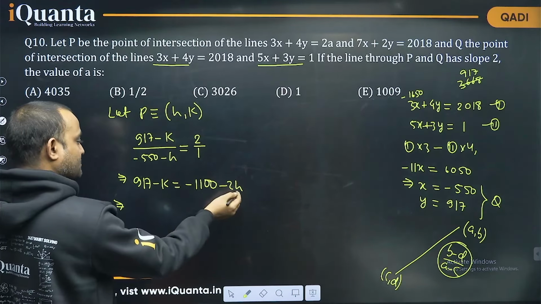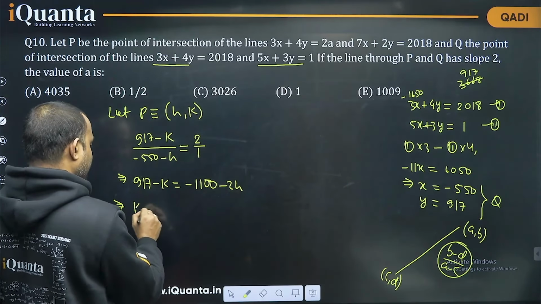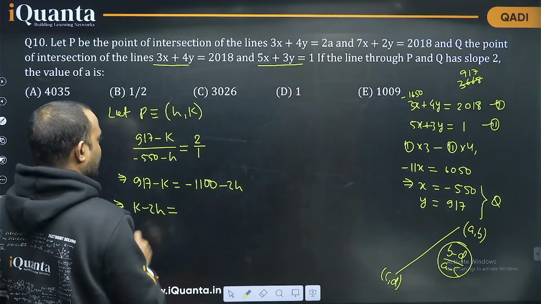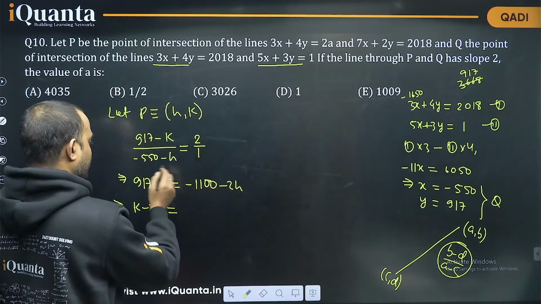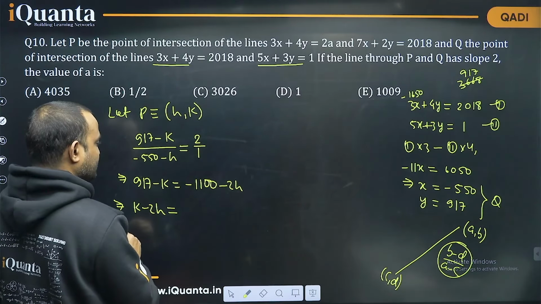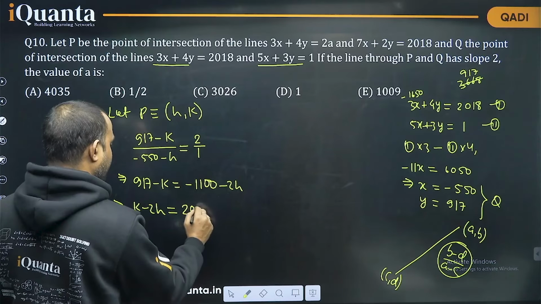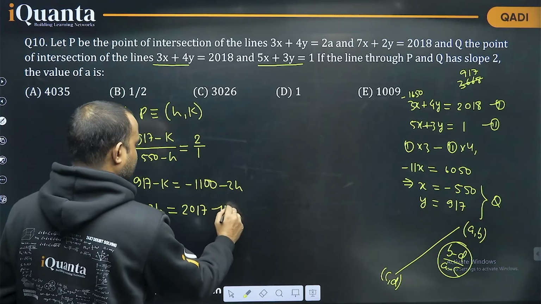Or we can say, let's bring this side. So we can say K minus 2H is equal to, we will add, this will become 1100 and 900 is nothing but 2000, so 2017. This is our third equation.